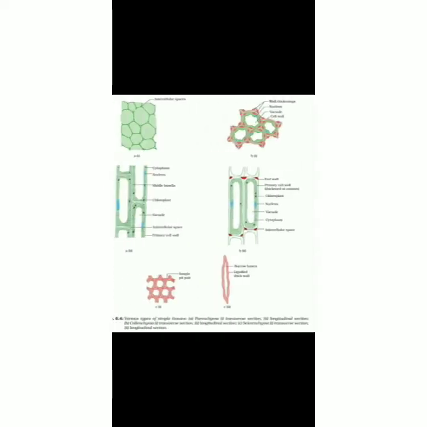So what is parenchyma? What are the functions of parenchyma? A few layers of cells form the basic packing, consisting of simple cells with thin cell walls. A parenchyma has living cells.